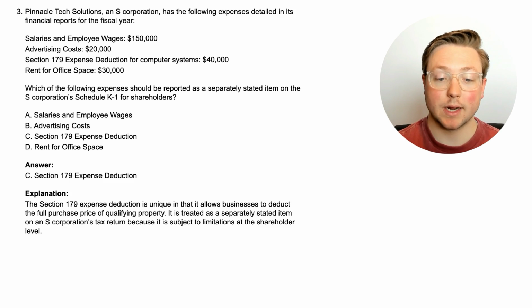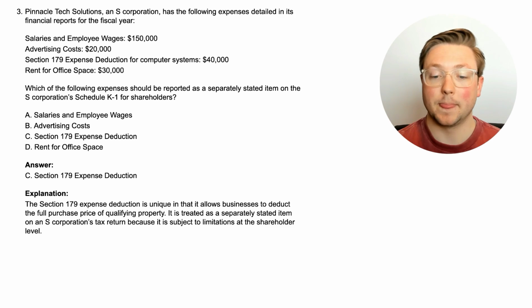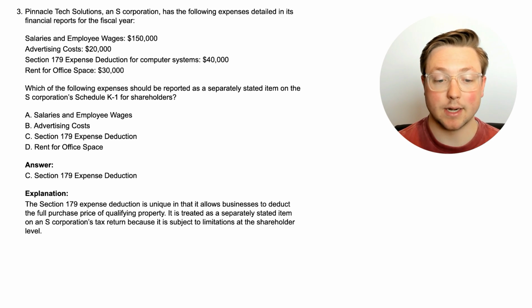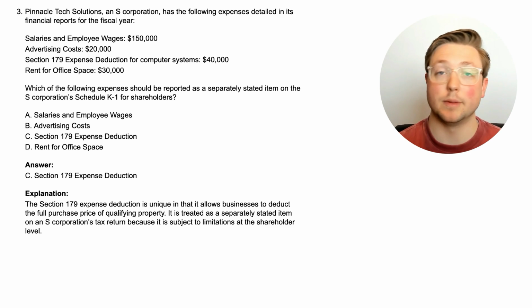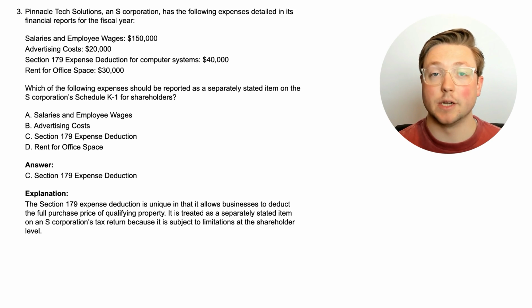The Section 179 expense deduction is unique in that it allows businesses to deduct the full purchase price of qualifying property. It is treated as a separately stated item on an S corporation's tax return because it is subject to limitations at the shareholder level. So just to explain that a bit better, under normal depreciation, a company buys equipment and they depreciate it over time.